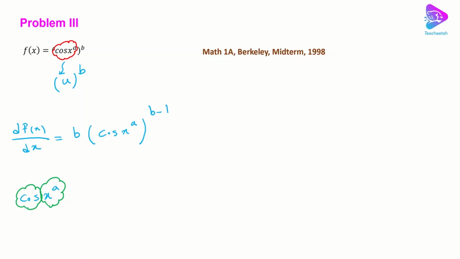The answer is going to be minus sine x to the power of a, which is the derivative of the outside function, and we keep the inside function as it is, times the derivative of the inside function, which is x to the power of a, and the derivative of x to the power of a is a times x to the power of a minus 1. So this is going to be a x to the power of a minus 1.